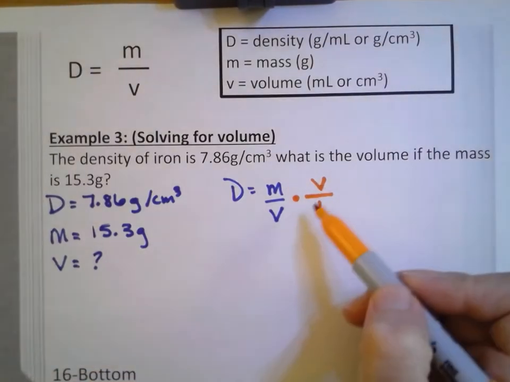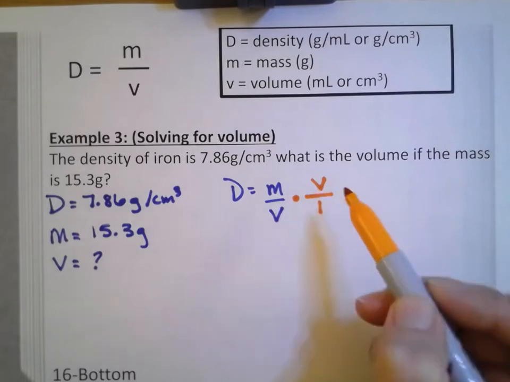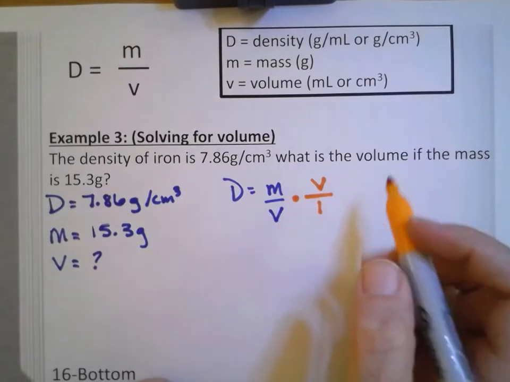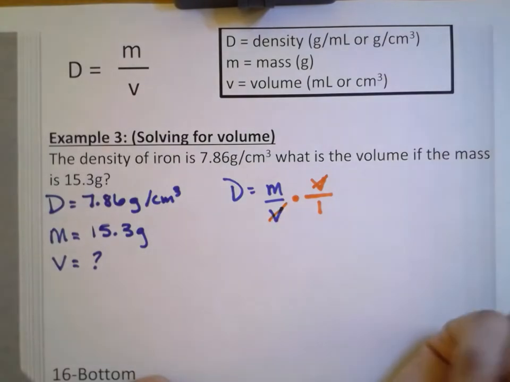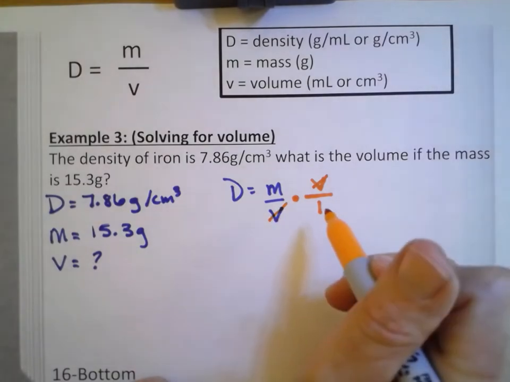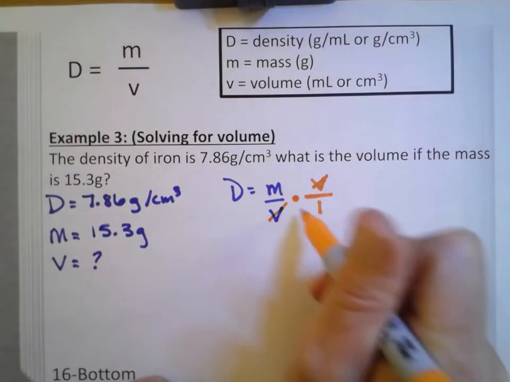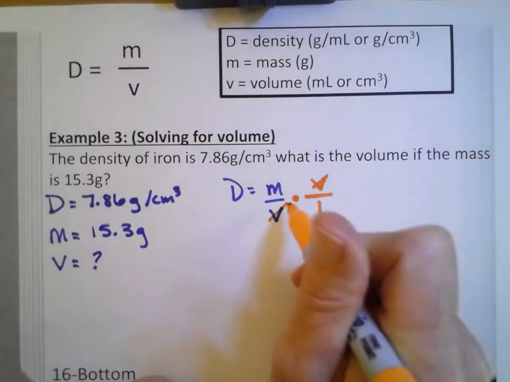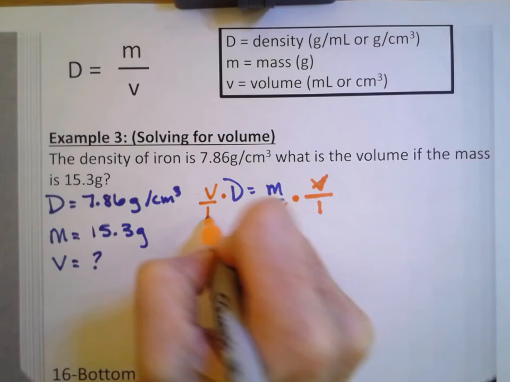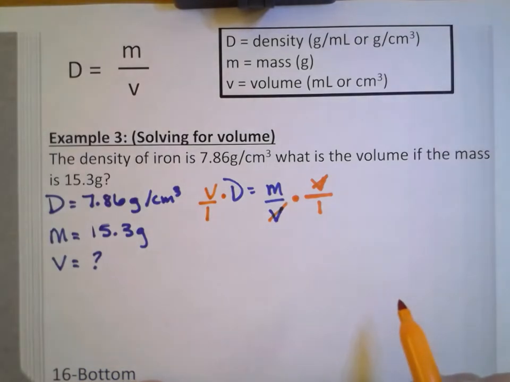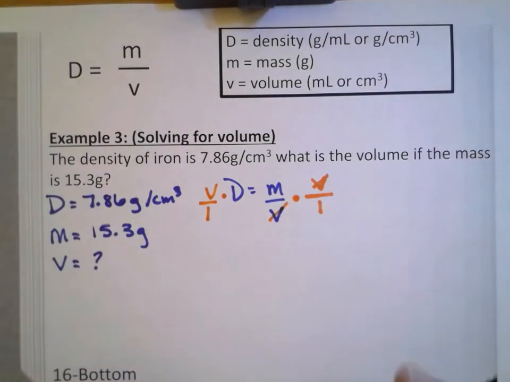Since one v is a denominator and the other is a numerator, I can cancel these two terms out because they really equal 1. If I multiply this side by this fraction, I also need to multiply the other side by the same fraction. What you do to one side, you do to the other side. This is kind of a mess.